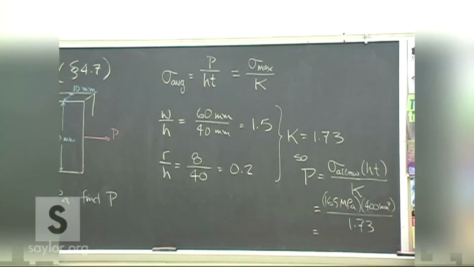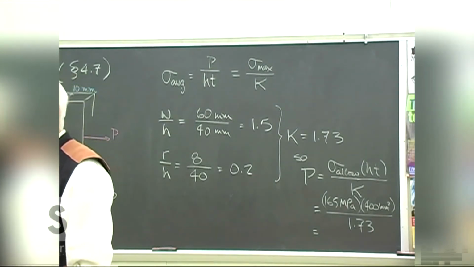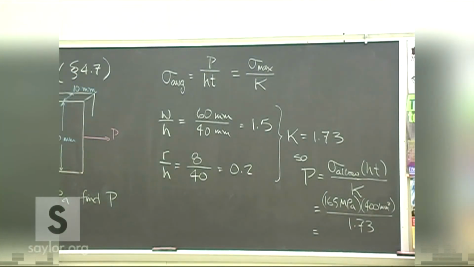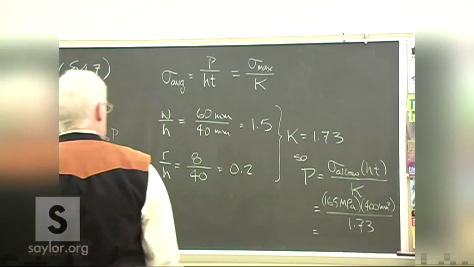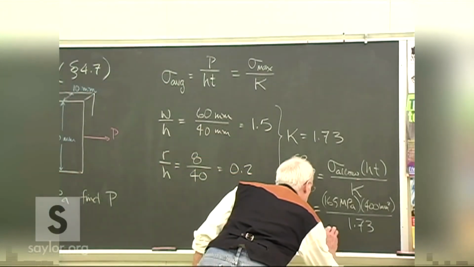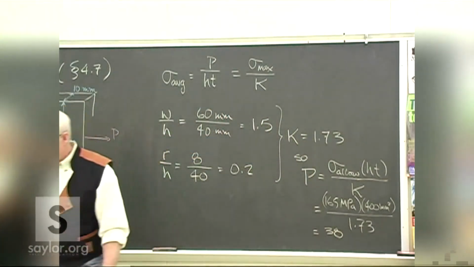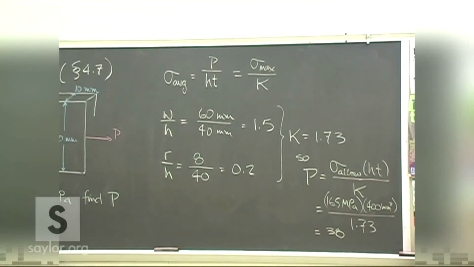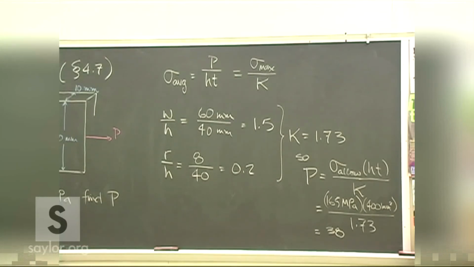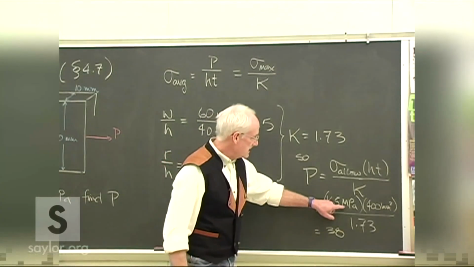So 36 mega... 36, depending on what you used for K, somewhere around there, 38. Give or take a little bit, 38 kilonewtons. That's what I have. I have kilonewtons. So we have 10 to the minus 6th here.